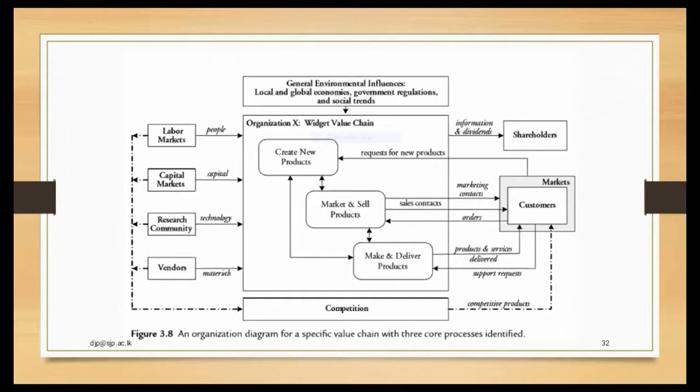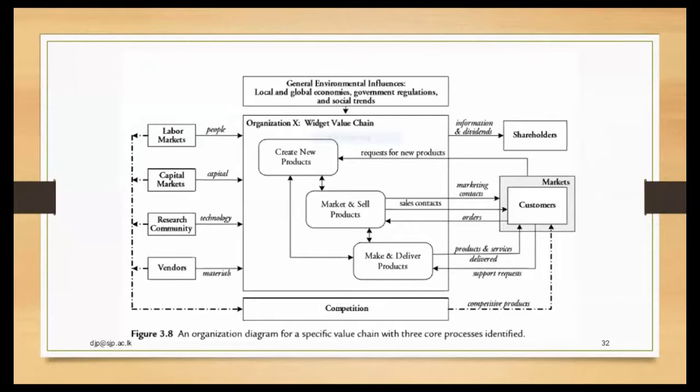So marketing contacts and sales contacts, and the order fulfillment, marketing and sales, right? So yet another process. Then we have make and deliver product. Yet again another process, right? Products and services delivered from one end and support request line, right?